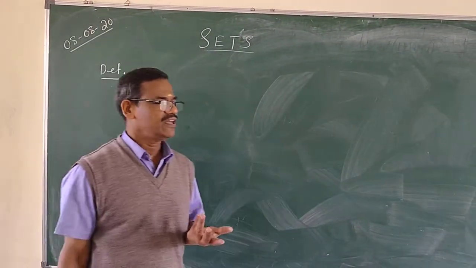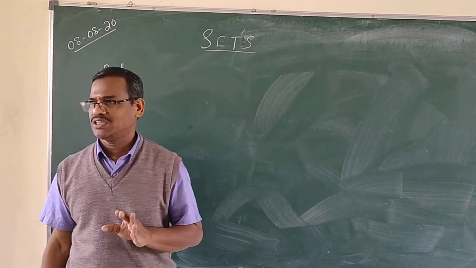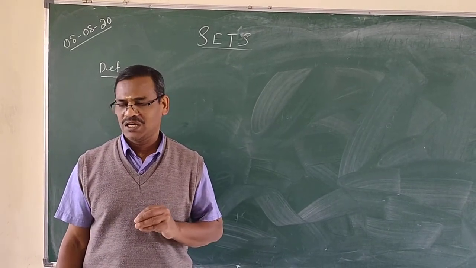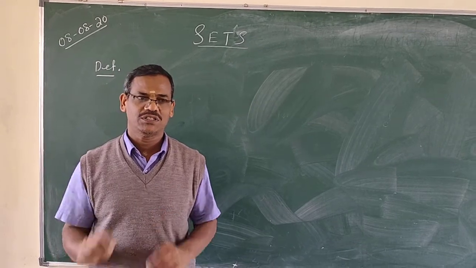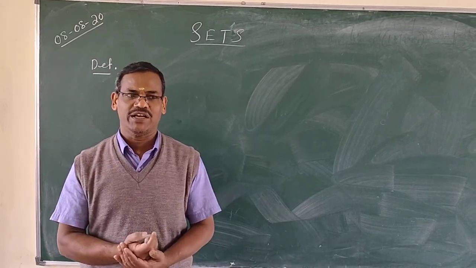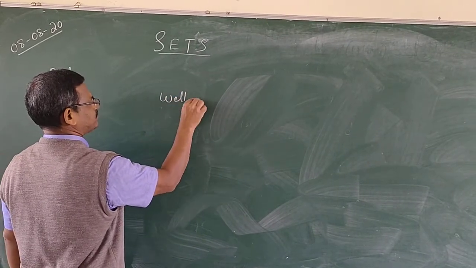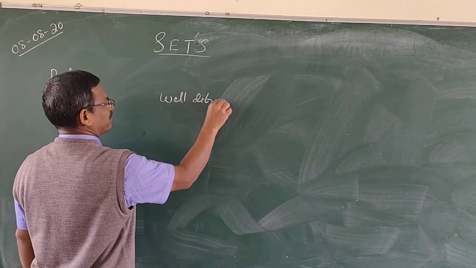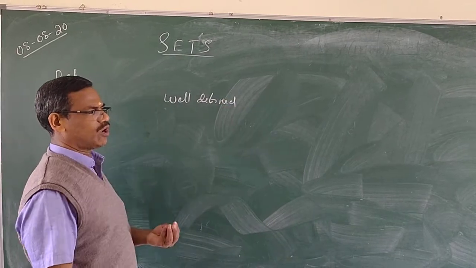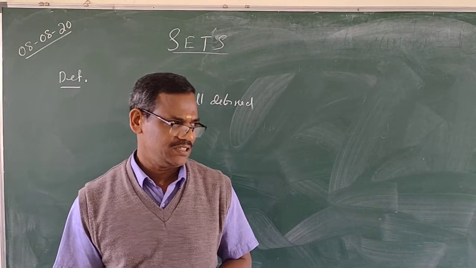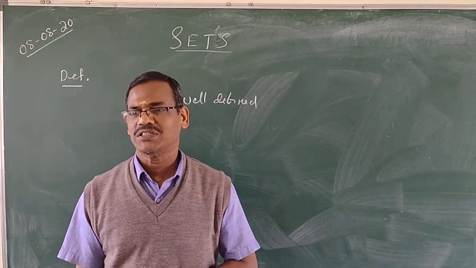And it is already known to you, a set is a collection of well-defined objects. The underlining is on well-defined. What is meant by well-defined? I have already made it clear: suppose you talk about the collection of renowned mathematicians.